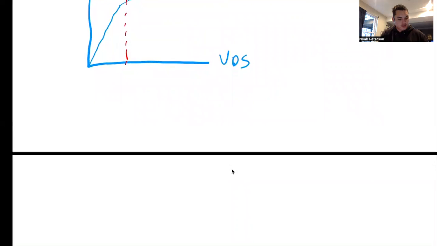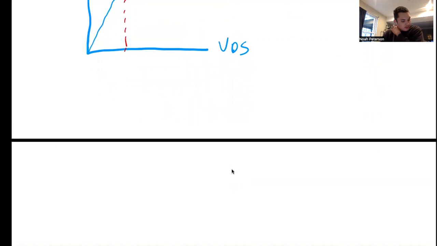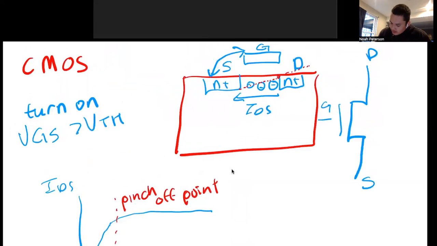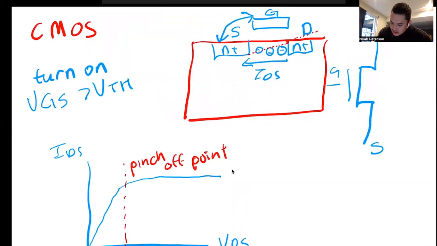So going back to this device, it's important to note that we put a P plus here, and that's just your P substrate, and generally that's wired to ground for NMOSes.